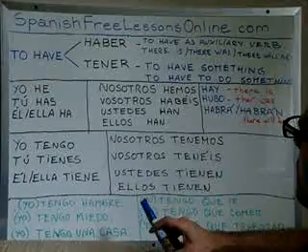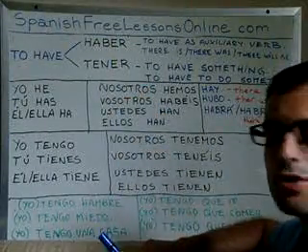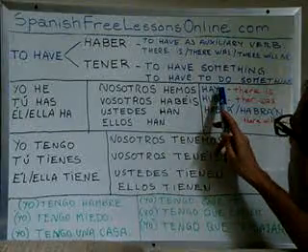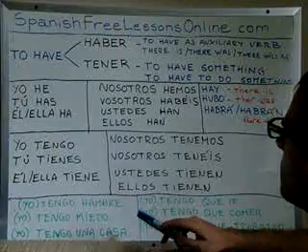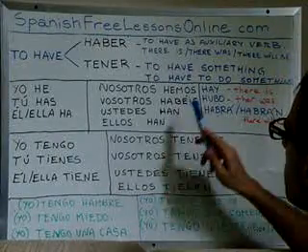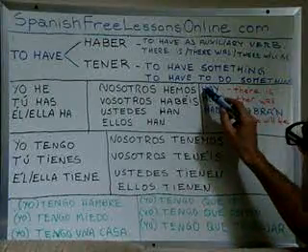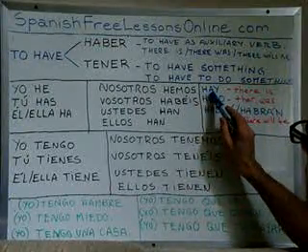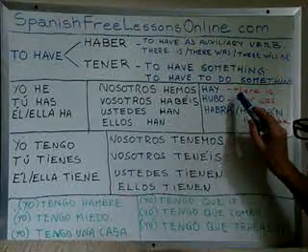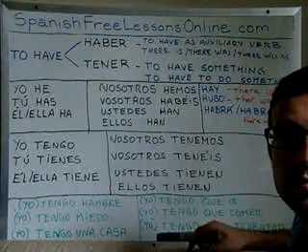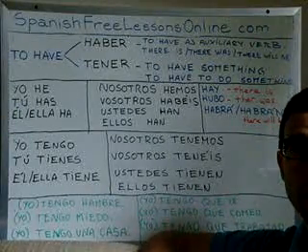So the verb haber has another function when we want to say there is or there have been, and it can conjugate in these ways. Hay, right? H-A-Y. Hay. That means there is. For example, there is a car.